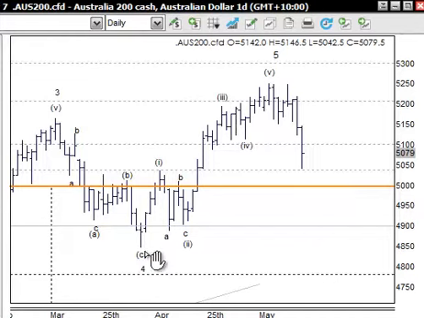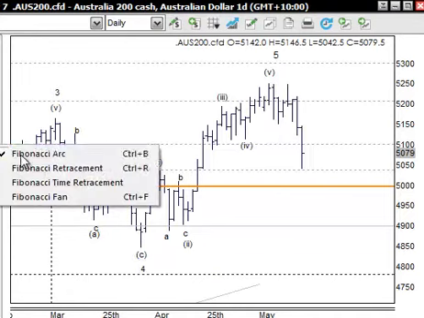Now there's one way to look at it. We've got this as the 1, the 2, the 3, the 4, and the 5 here. That fits best now because that's moved down through here. Of course, we could look at this as being a whole wave 1 up and not wave 5 here. And if that's the case, we would get 5 waves up for 1. A retracement of 61.8%.